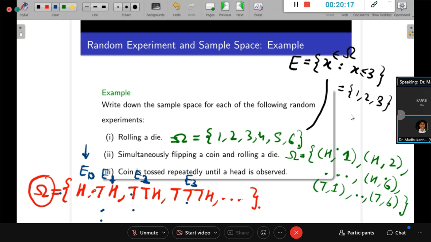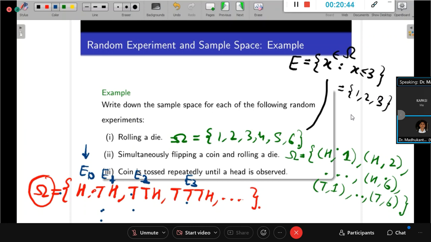How many steps? Even if you go 10,000 times, a tail can occur, so the 10,001st time. If the outcome of an event can be represented by a natural number in one-one correspondence, then we can say that the set is countable.